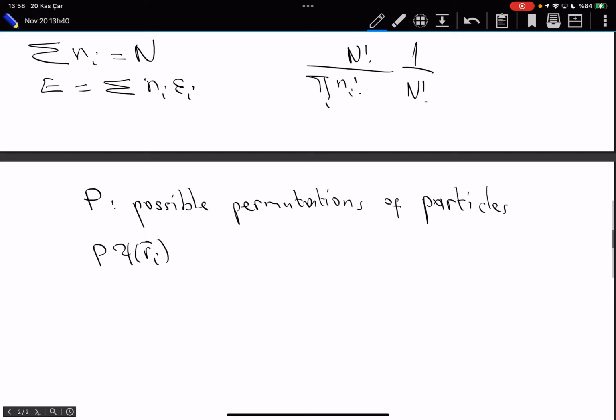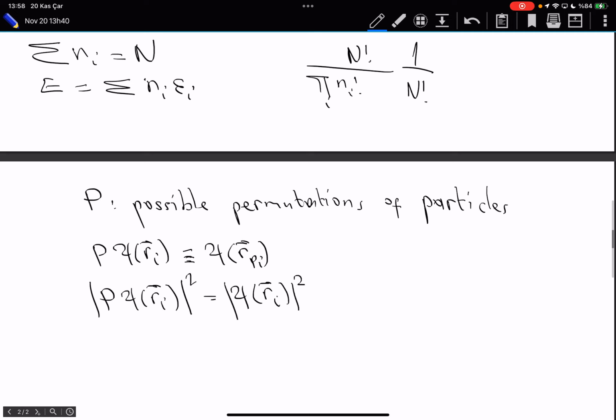I can just consider their permutation. I can also write it as Pi. Well, I don't really care about the wave function. The wave function I cannot really observe, but I can observe probabilities. So if I permute identical particles, I should have the same state.